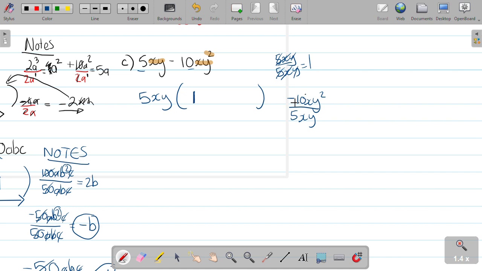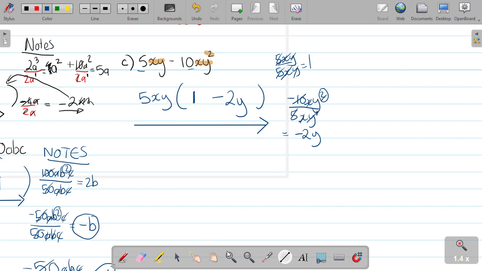Minus 10 divided by 5 is minus 2. X divided by x will cancel, and then y squared divided by y to the power of 1 will cancel, but I'll have a y left over. So we'll have minus 2y. And that over there is my final answer after factorizing.